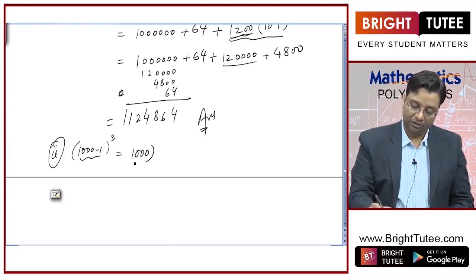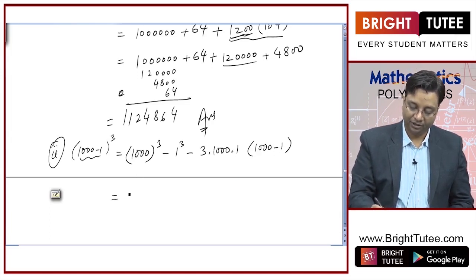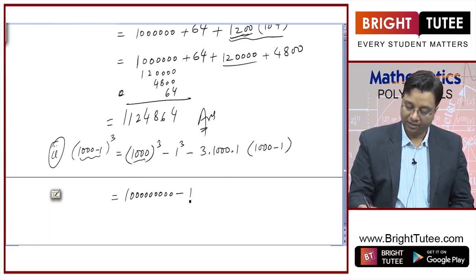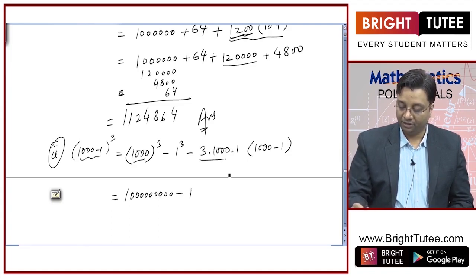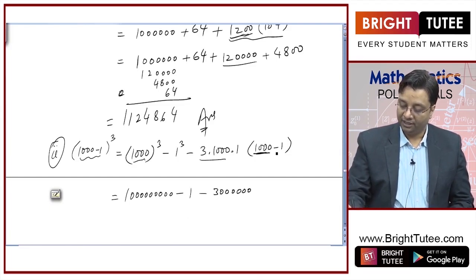So 1000 cubed minus 1 cubed minus 3 into 1000 into 1 and then 1000 minus 1. So this will be 1 and then 9 zeros minus 1, this will become 3000, and 3000 multiplied with 1000 will give you 6 zeros will be there, and then minus minus plus, so plus 3000.